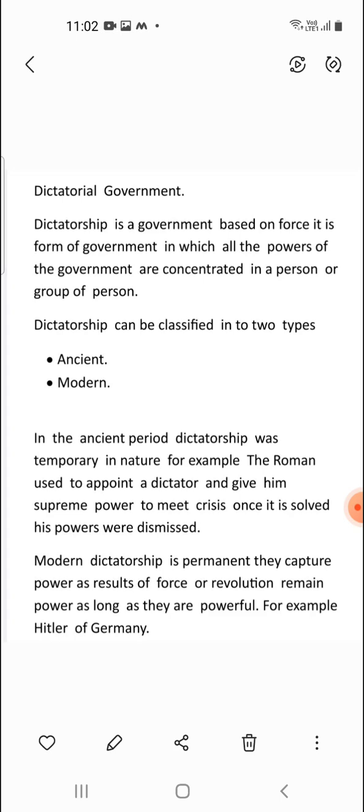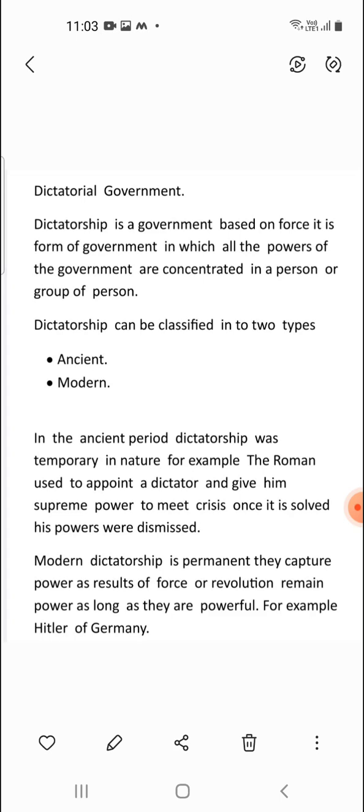Now the third one we are going to look at is the dictatorial government. Dictatorship is a form of government which is based on force. As you all know, monarchical government is formed on the basis of hereditary kingship, democracy was formed on the basis of the will of the people, and dictatorial government is formed on the basis of force.